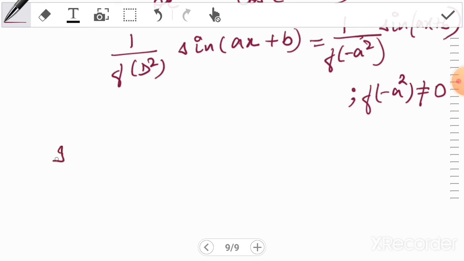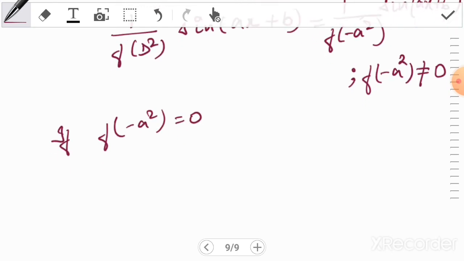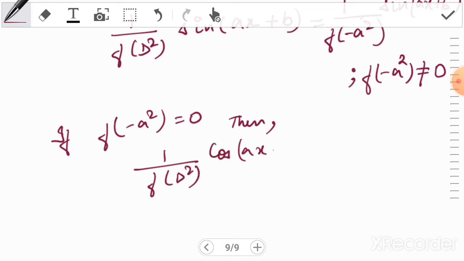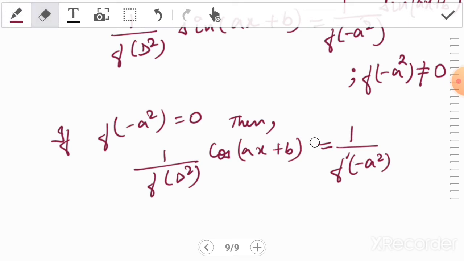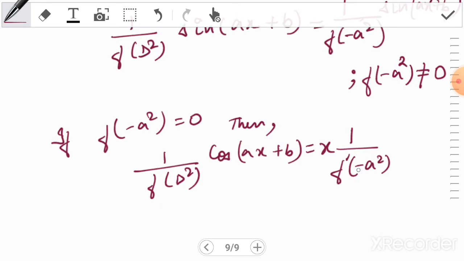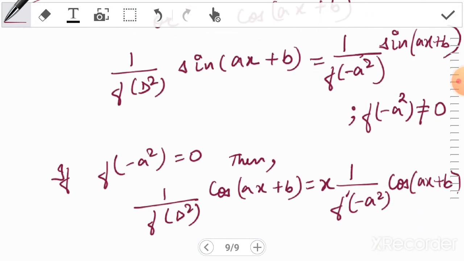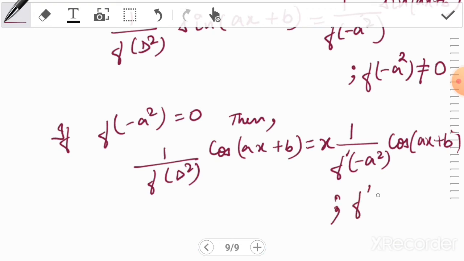Again, if this fails, that is, if f of minus a square is equal to 0, then 1 by f of D square, cos (ax plus b) is equal to x times 1 by the first derivative of f of minus a square, then into cos of (ax plus b), provided f dash of minus a square is not equal to 0, and this goes on.